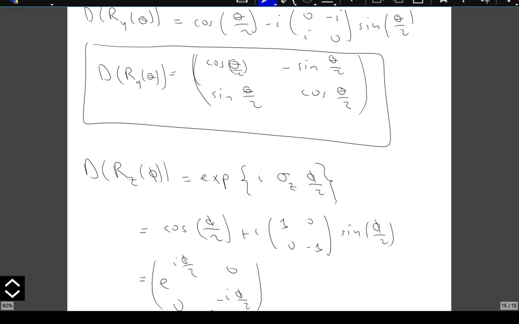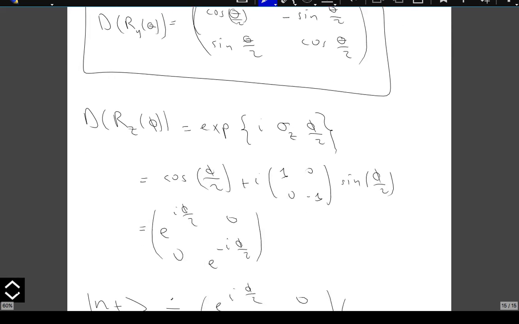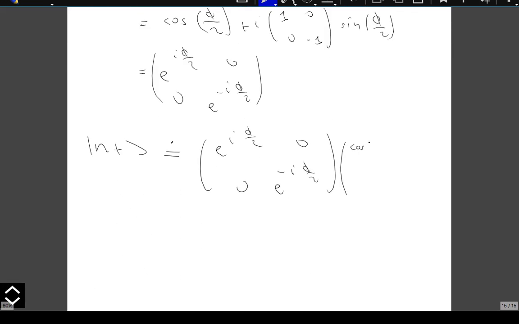Then we have, before that, the rotation by theta around the y-axis: cosine theta over 2, minus sine theta over 2, sine theta over 2, cosine theta over 2, and this we are acting on 1, 0.